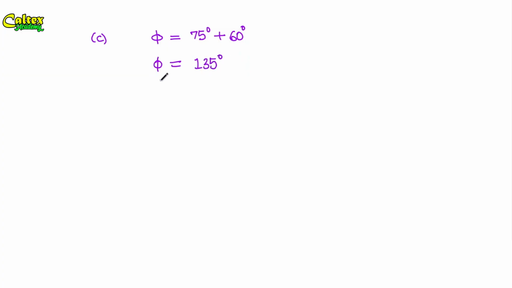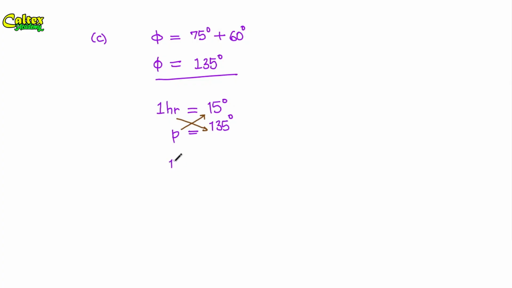When you add this together, we get 135 degrees. From here, we can convert this into time. 1 hour gives us 15 degrees, so we have 135 degrees, and we need to find the time. Maybe we can call this one P. Now we can cross multiply, where P multiplies 15 and 1 multiplies 135.